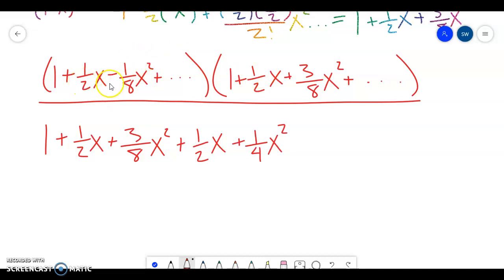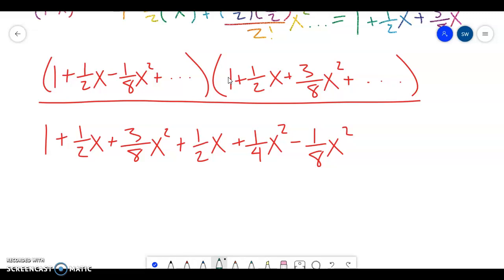If we went any further, 1/2 x times this term would give us x cubed, so I don't care. The last step is to distribute this guy into here, and I can only distribute up to 1 if I'm only caring about x squared. So that's minus 1/8 x squared.